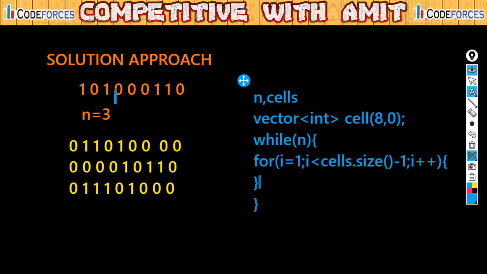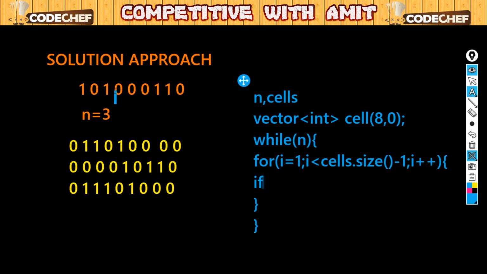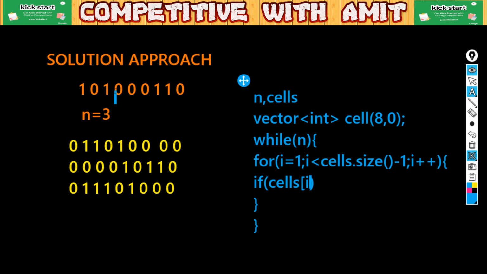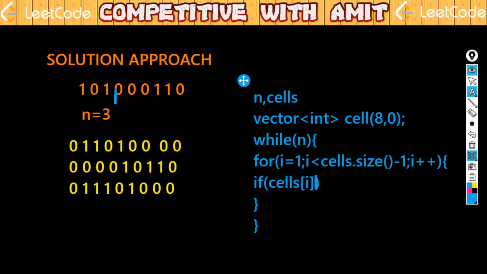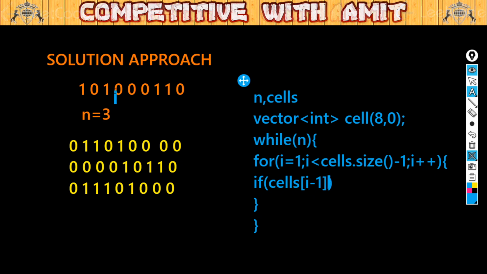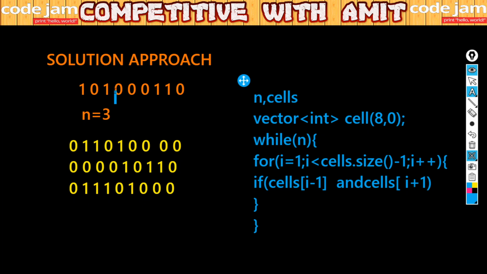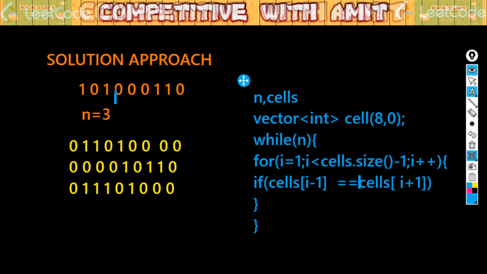Now here I will check whether cells at index i minus 1 and index i plus 1 are equal or not. So these both are equal or not.